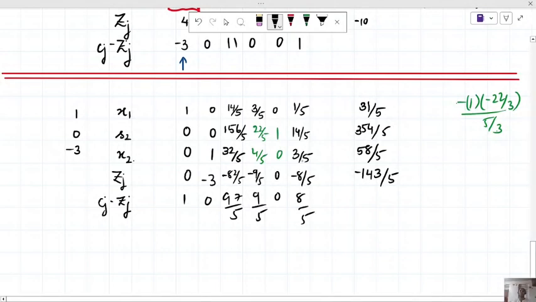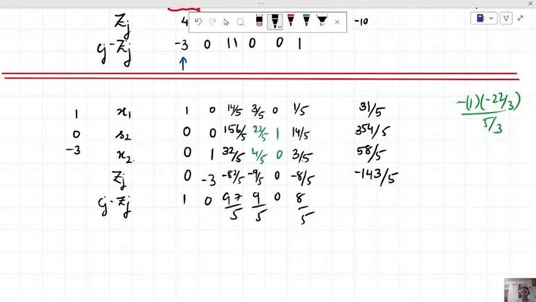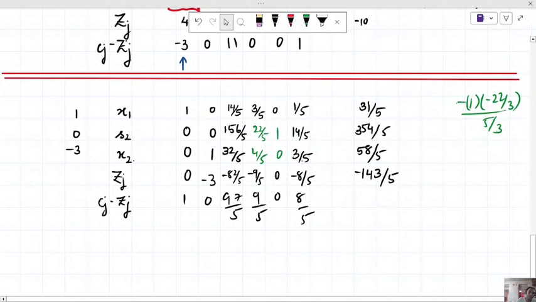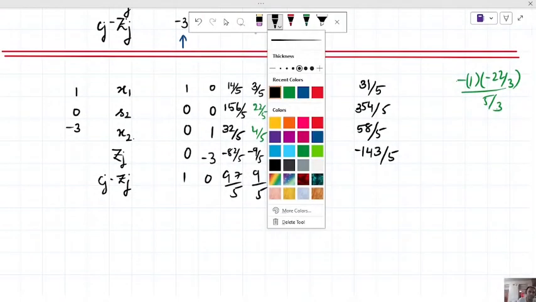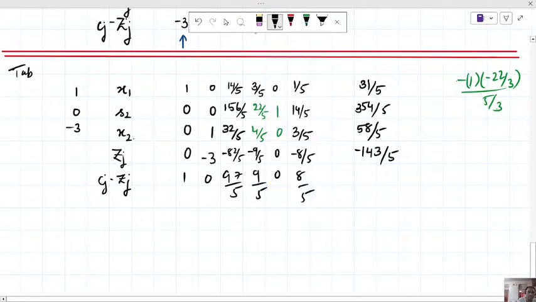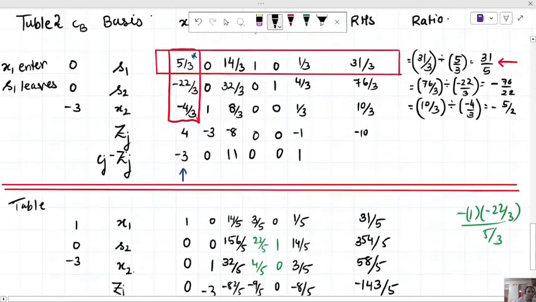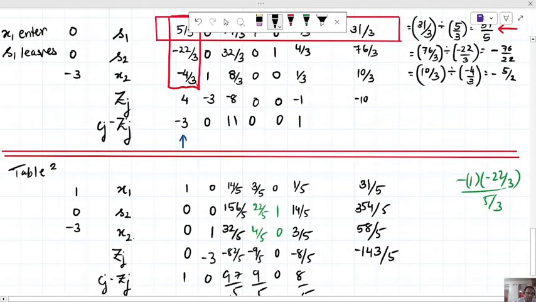Okay, now what we see is that all Cj minus Zj have become positive, so we stop. Okay, we say here we stop. This is table 2, after this is table 3.